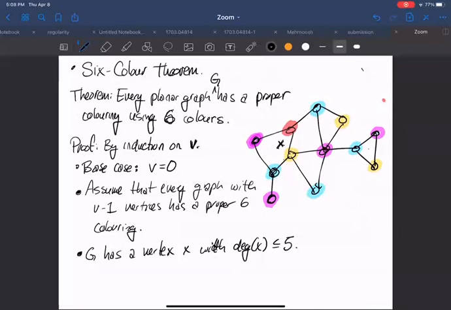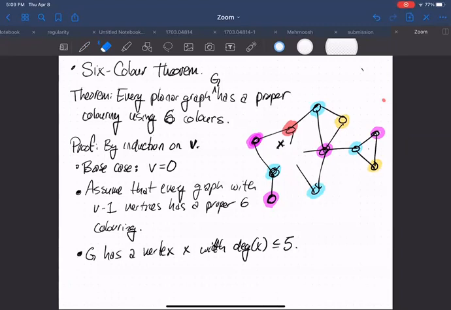That's 4, which is less than 5, so that's a good choice of X. Now, take X away. Take X out of your graph. And that means also take away the edges incident to X. I'm leaving them half in this picture so we don't forget that they're there.